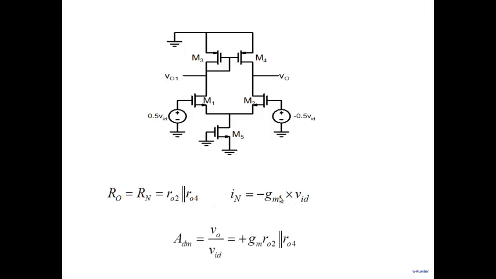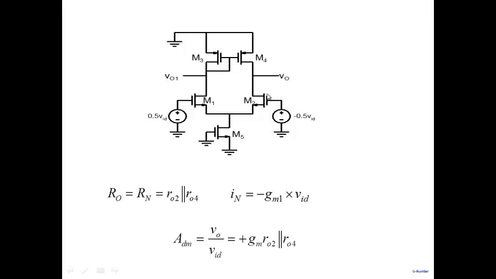Okay, so we have our Norton's current here, GM1 times VID, and Norton's resistance here, R02 parallel R04, and the whole circuit then appears as a Norton's current in parallel with the Norton's resistance. So the net voltage at this particular node, V0, will be Norton's current multiplied by Norton's resistance. So minus GM1 times VID multiplied by Rn, and therefore the differential mode gain is GM times R02 parallel R04.